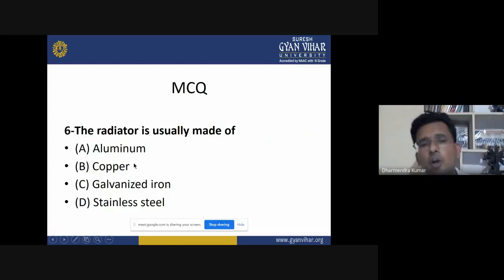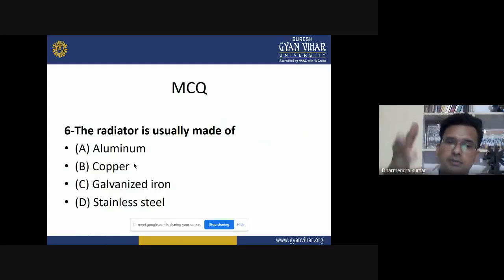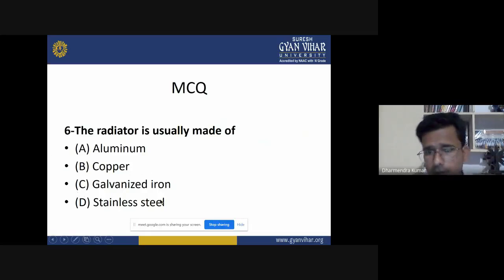If copper is not in any option, then we surely go with aluminium. But here aluminium is also given and copper is also given. C and D are not relevant to our answer. We have chosen the material used in the maximum quantity in making a radiator, and surely it will be copper. Then we will go with copper only.